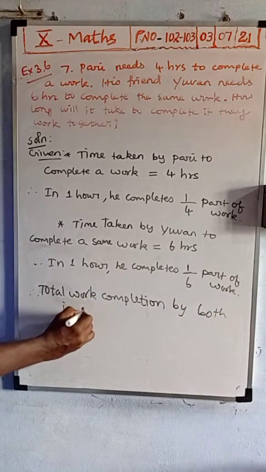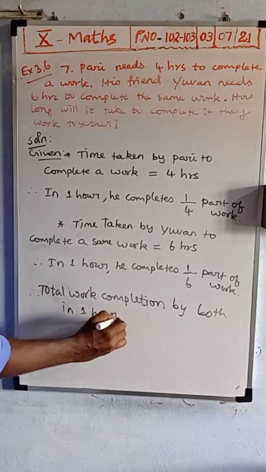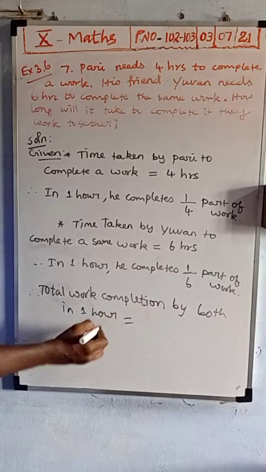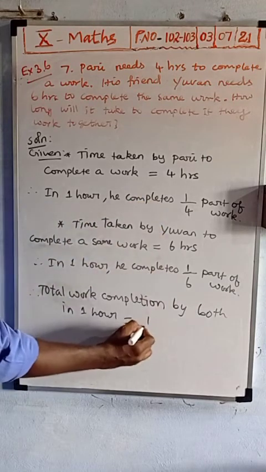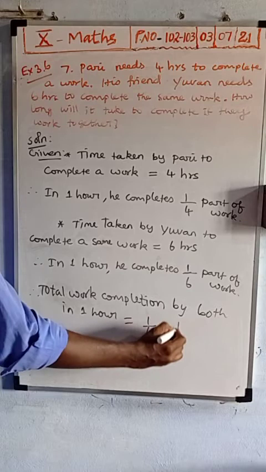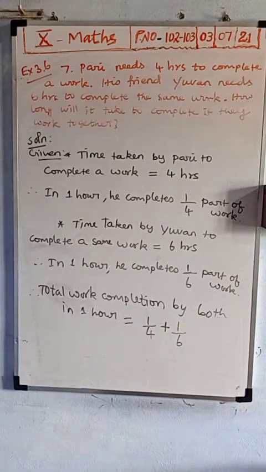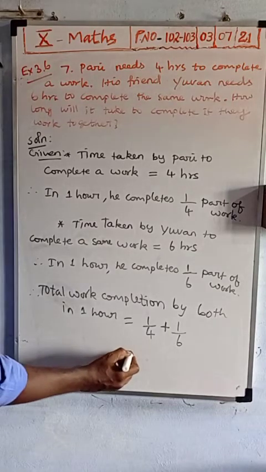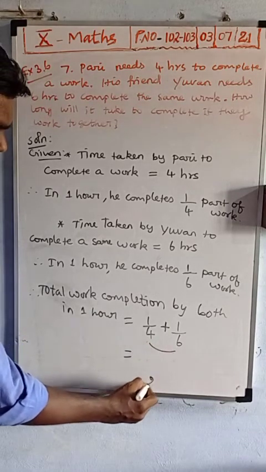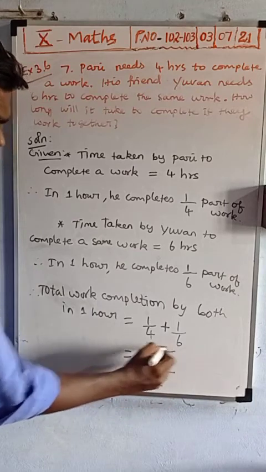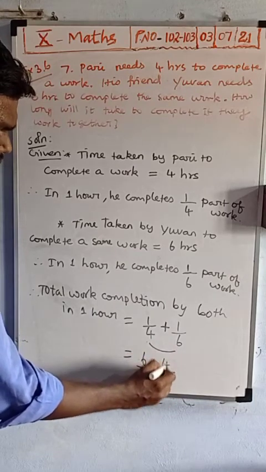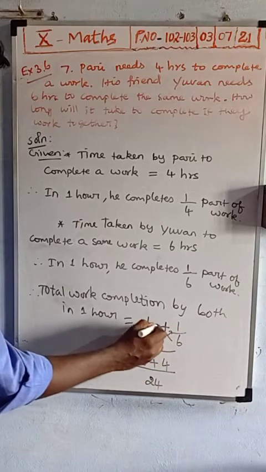Here you should add 1/4 part of work and 1/6 part of work. So 1/4 plus 1/6. We want to take the LCM, 4 6s are 24, so 6 ones are 6 plus 1 4 is 4, cross multiplication.